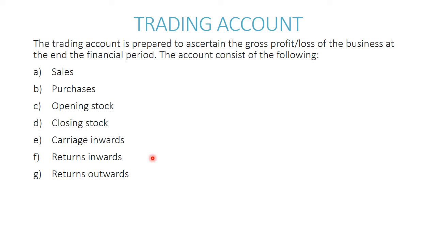You are supposed to return those goods. You cannot, of course, be selling to your customers goods that are defective or expired. So you will be compelled to return those goods. Those goods that have been returned to you as a business are what we call returns inwards. So there will be a negative from the total sales that we previously saw.